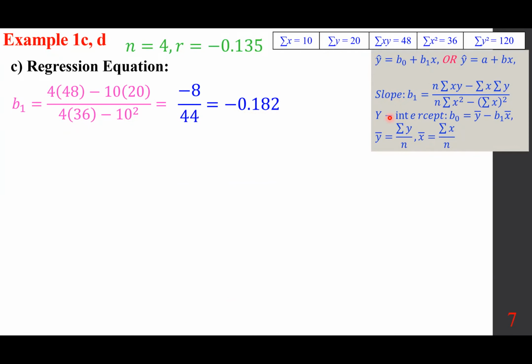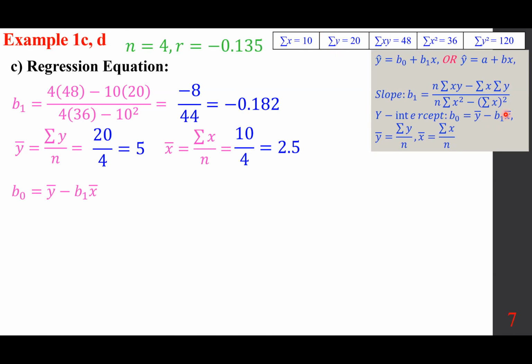What about the y-intercept? In other words, either b0 or a, depending upon the text or the calculator that you use. Y bar minus b1 x bar. Basically for y bar, you divide the total by n, and for x bar, you divide the total by n. So y bar is the summation of y divided by n, 20 divided by 4 is 5, and in the case of the x bar, the summation of x, 10, divided by 4 is 2.5. This is how you find y bar and x bar.